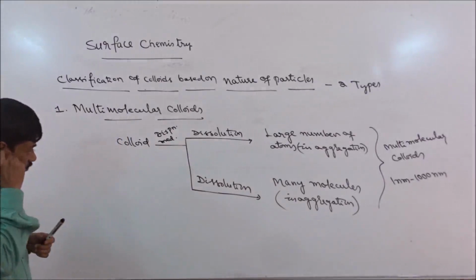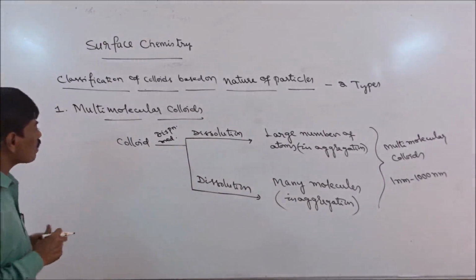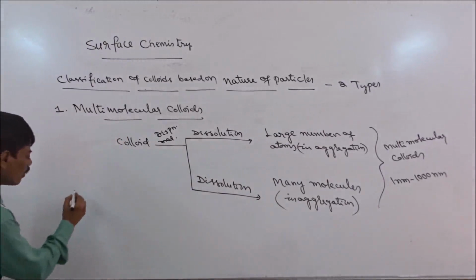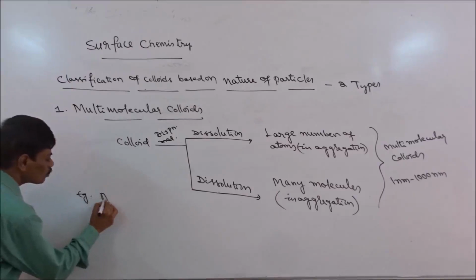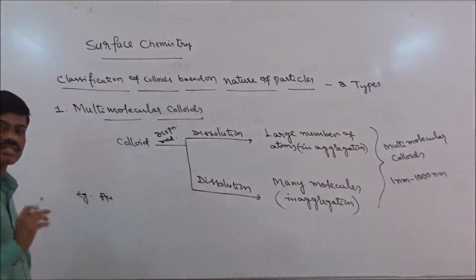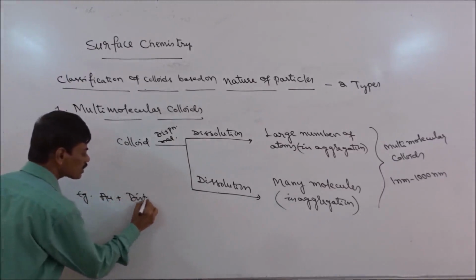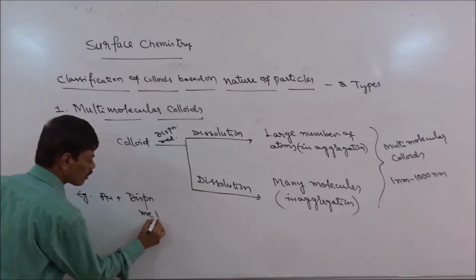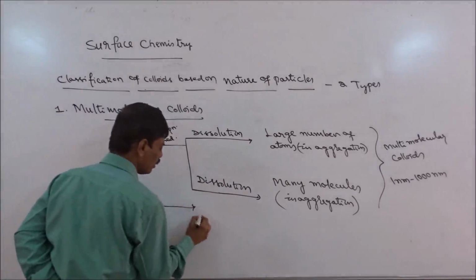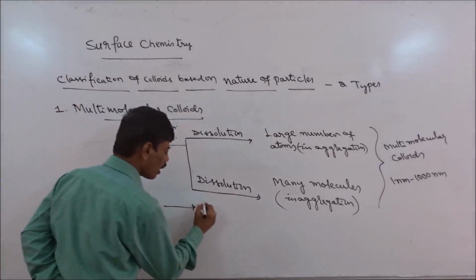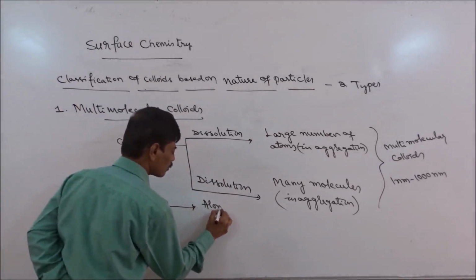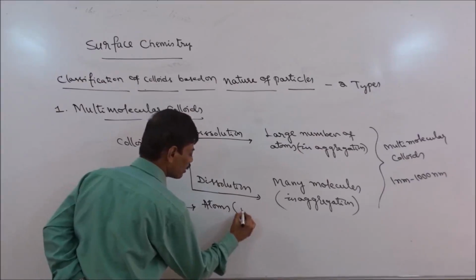Here, in the case of multimolecular colloids we have examples like this. To gold, if we add a suitable dispersion medium, it results in atoms in aggregation.